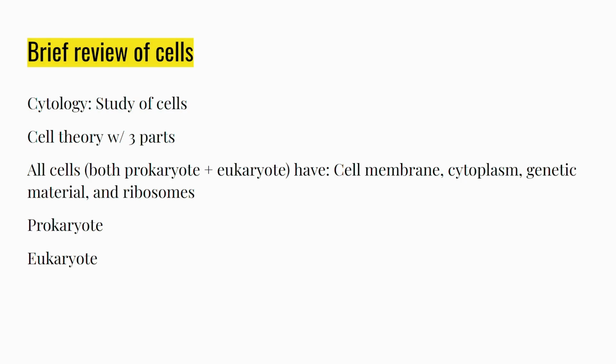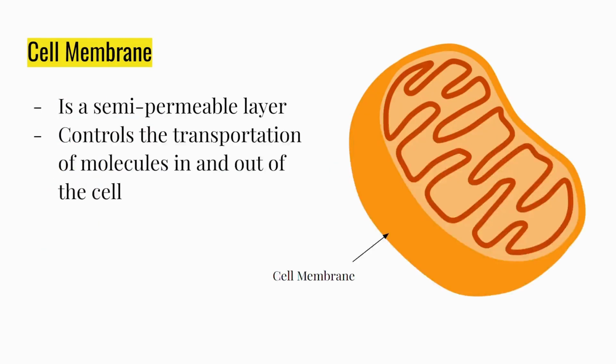And they are either unicellular or multicellular. A unicellular example of a eukaryote would be yeast, and multicellular examples of eukaryotes would be plants, fungus, us, animals. And that is the basic overview of cells. Let's dive right into cell membranes now.